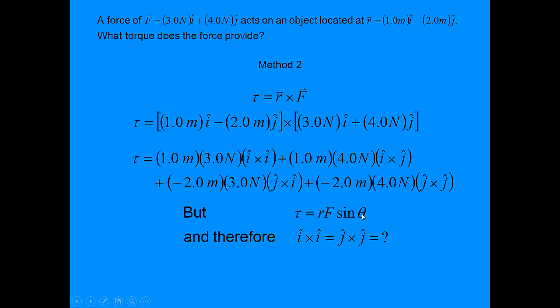What's the angle in between? If torque is rf sine theta, well, if they're the same vector, the angle in between is 0. And the sine of 0 is 0. So 1 times 0 is 0. So those two terms cancel out.